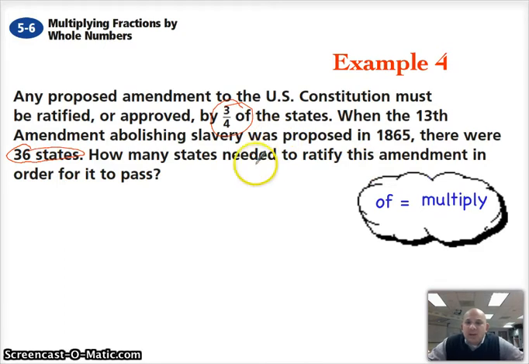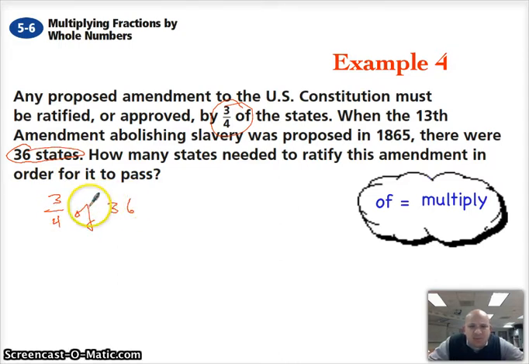So, what is it that they want us to find out? Well, they want us to find out essentially how many of the 36 states were required to actually pass this amendment. So I know I'm going to take 3/4 of 36.